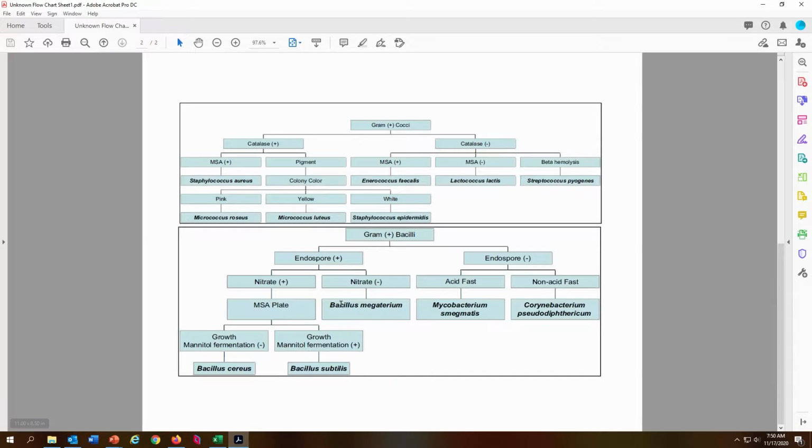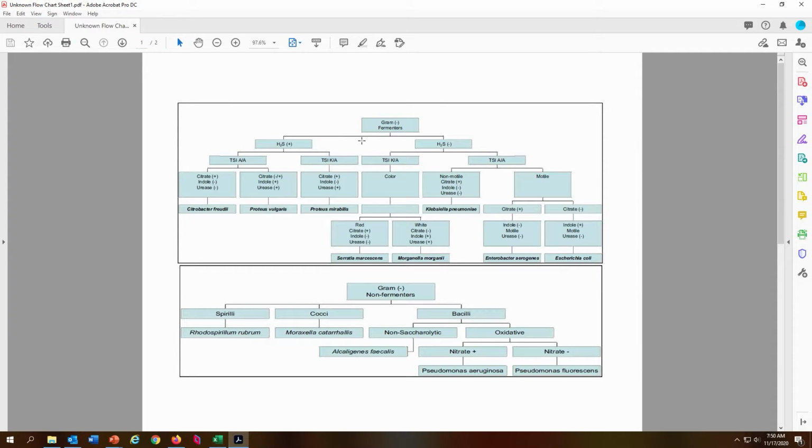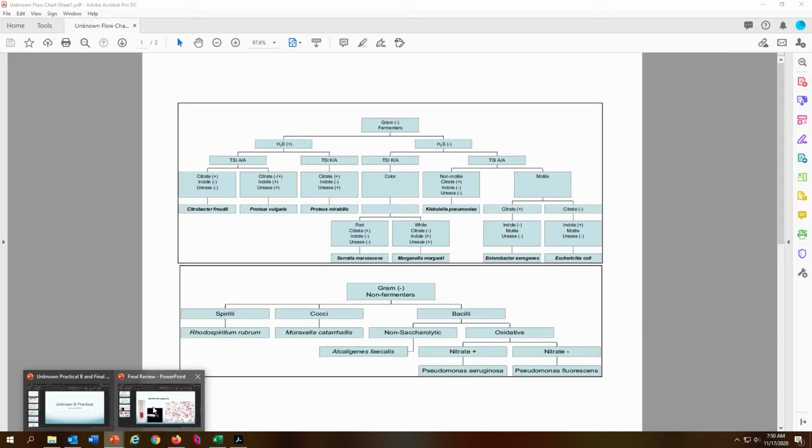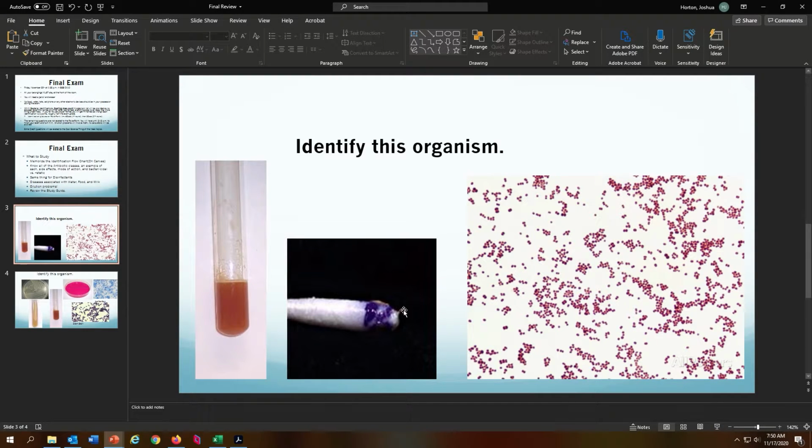Therefore, the only thing they could be is a gram-negative non-fermenter coccus, Moraxella catarrhalis. You can verify that because they're oxidative, so they're non-fermenters, and this nitrate test lines up with Moraxella catarrhalis. I give you more than you need to identify them, but know that I always give you enough to identify them.